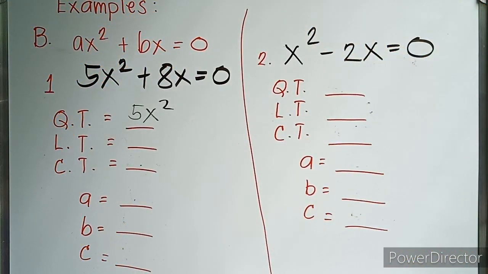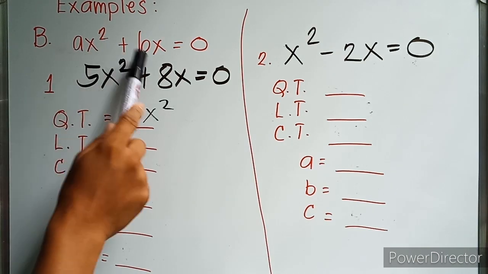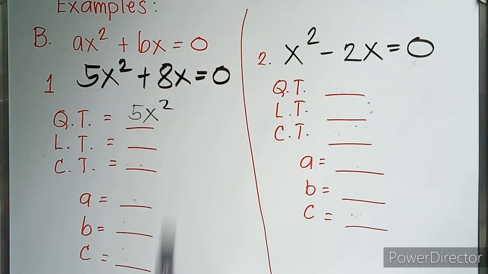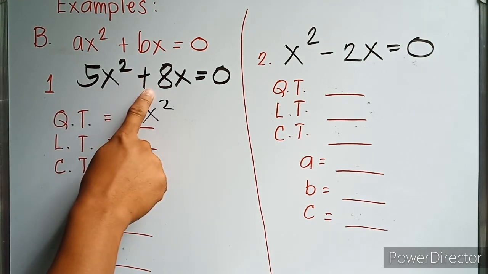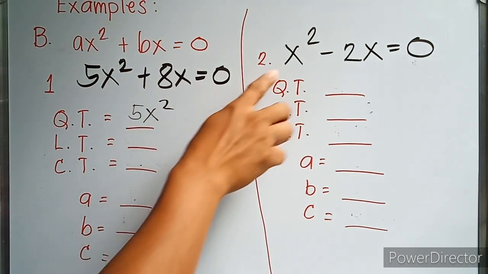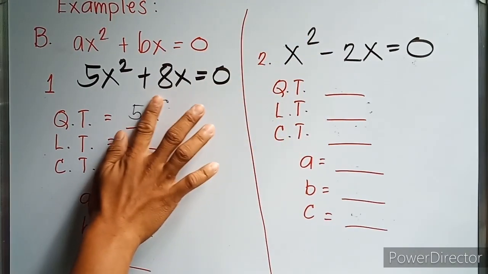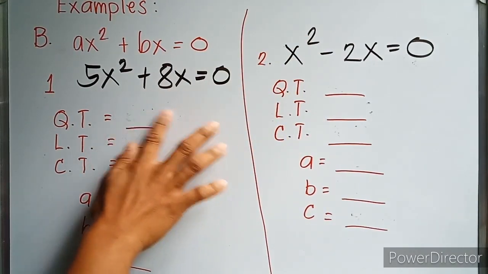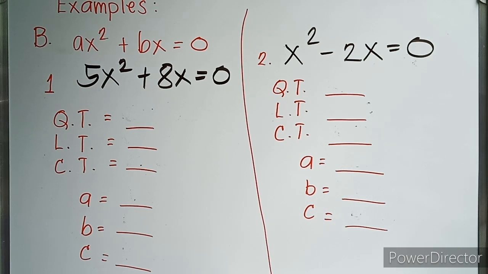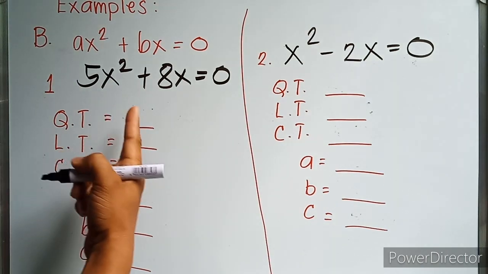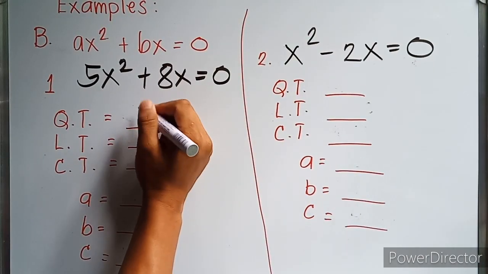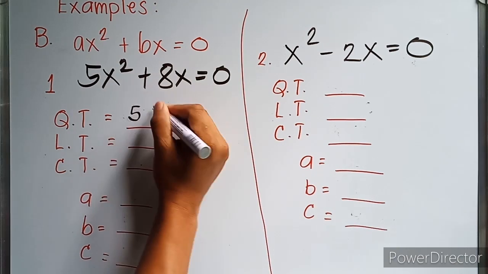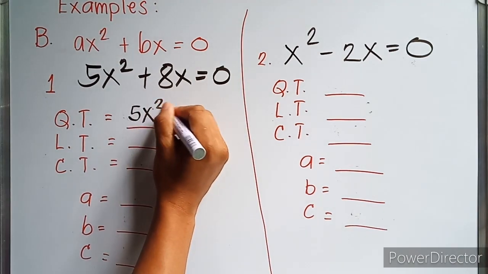Quadratic examples in the form of ax squared plus bx equals 0. I have here two examples. Number 1, 5x squared plus 8x equals 0. And number 2, x squared minus 2x equals 0. For the first one, let's identify the quadratic term. In 5x squared plus 8x equals 0, our first term is our quadratic term, that is 5x squared.